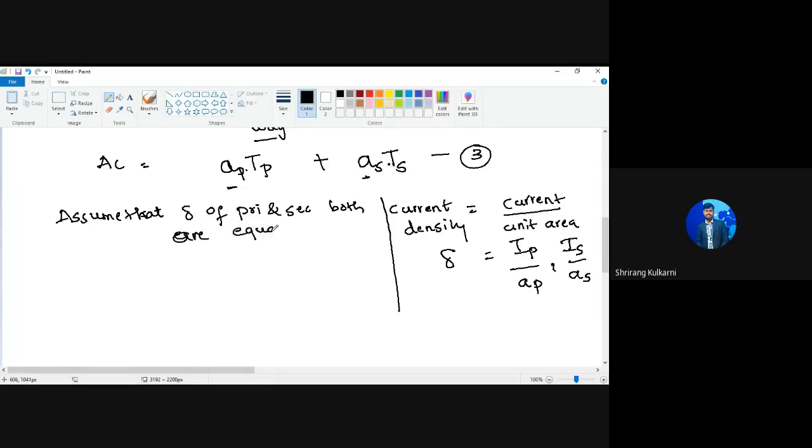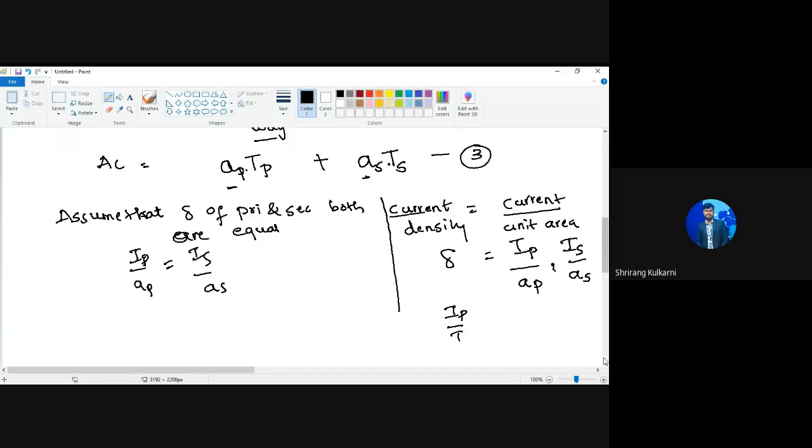We have to assume this for derivation purposes. So IP by AP is equal to IS by AS, correct? Current density for both cases is equal.